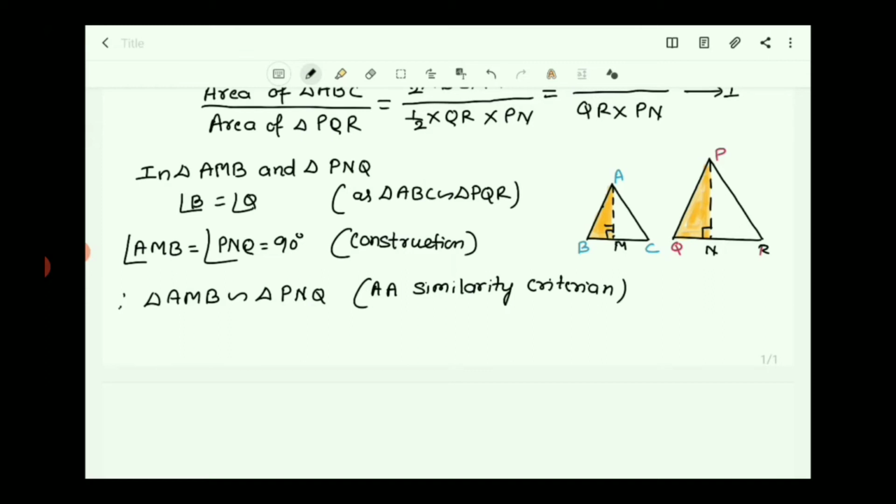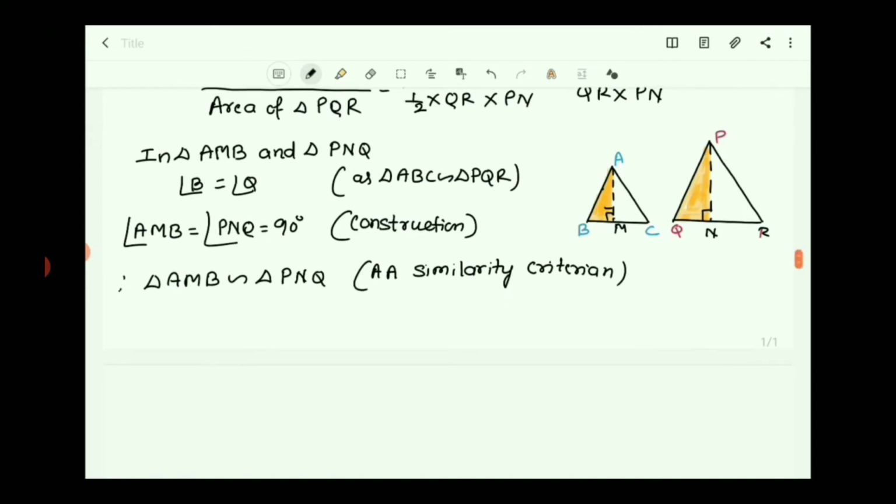Therefore, you can write AM by PN is equal to AB by PQ. Why is it so? Because the ratio of the corresponding sides of similar triangles are equal. That you can reason here.